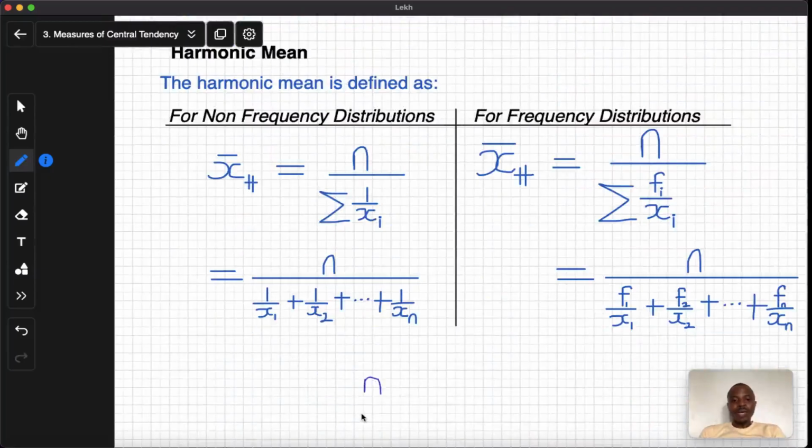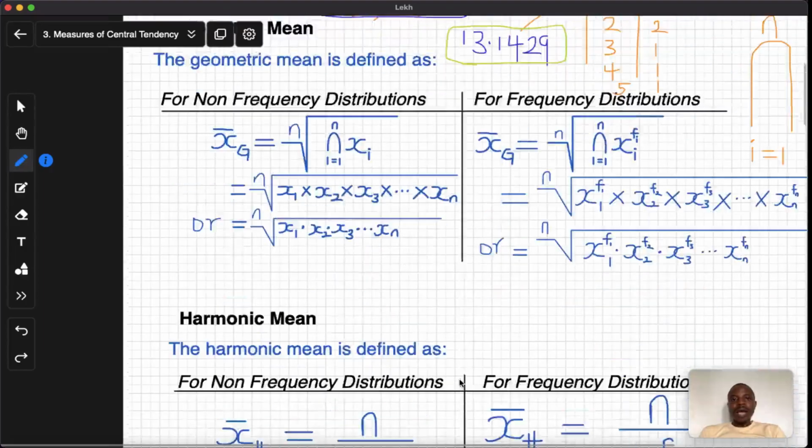So look at this now. Imagine that this x1 is 0. Can you divide 1 by 0? Or can you divide anything by 0 for that matter? It can't be obtained.